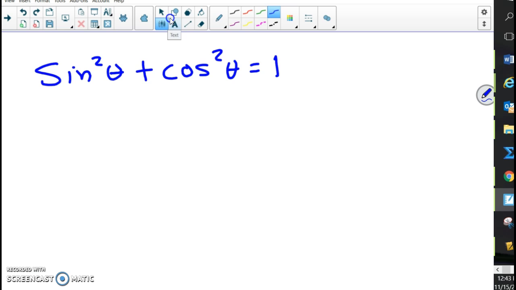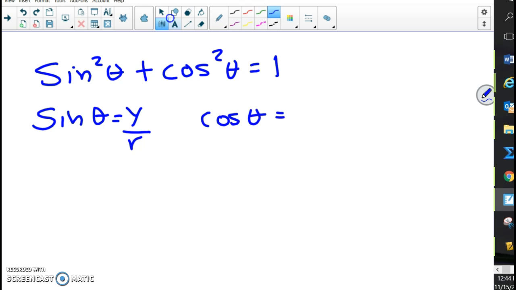So let's look at this simple fact. Sine of theta in our unit circle is equal to the y value over the radius. Cosine of theta is equal to the x value over the radius. And we know in this unit circle, our radius is 1. So we can write sine squared plus cosine squared like this.